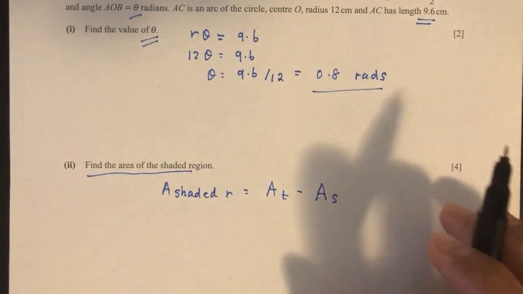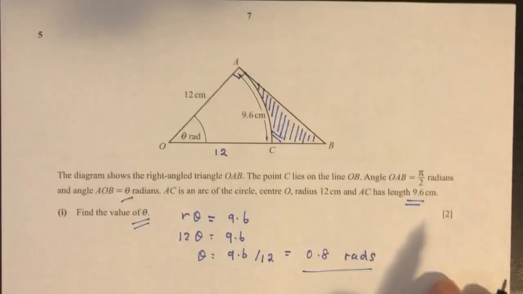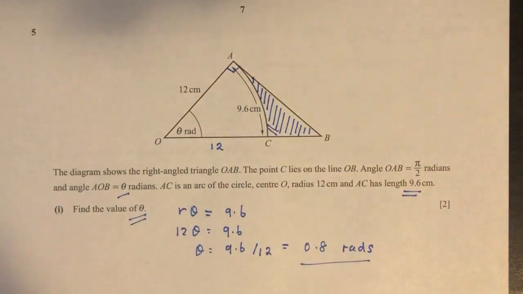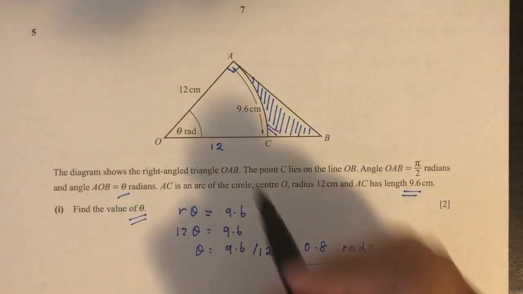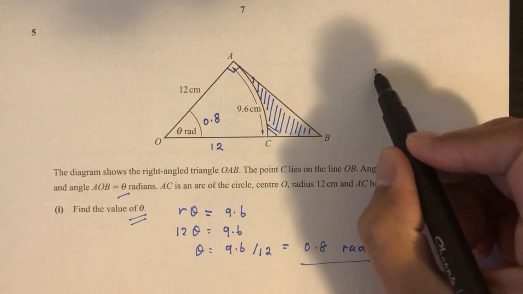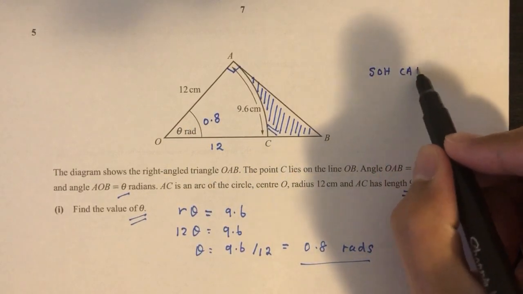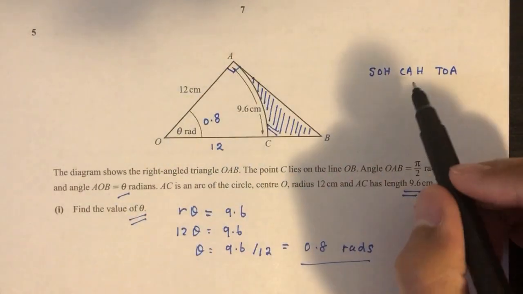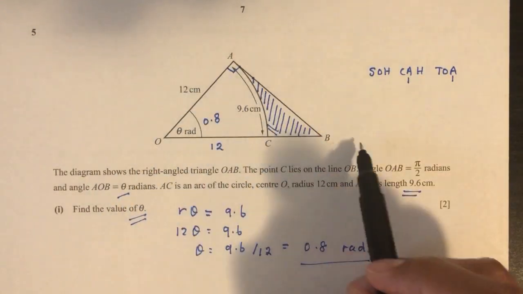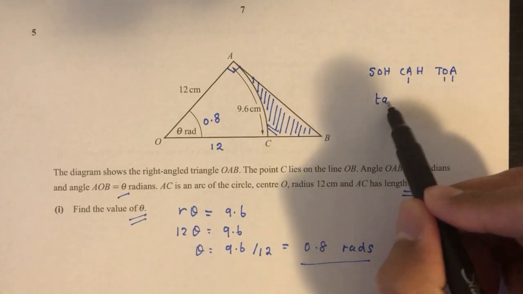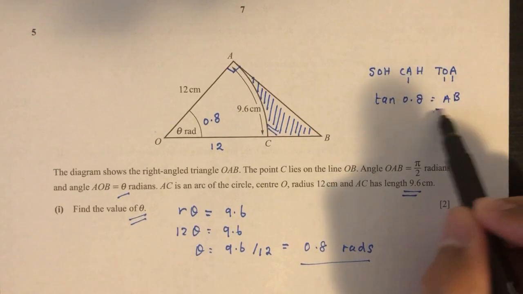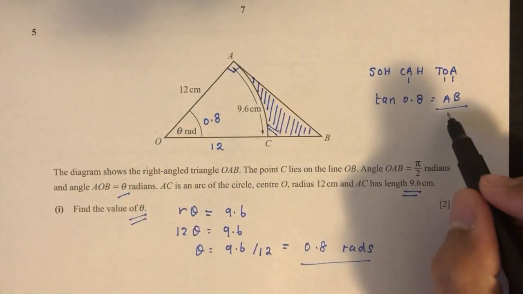So how do you find area of triangle? This is perpendicular, so half times base times height. So let's find this height here. We know this angle is 0.8, so we can use SOHCAHTOA. We know this side, which is the adjacent side, and we want to find this side, which is the opposite side. So we use tan of 0.8 equal to AB over 12.